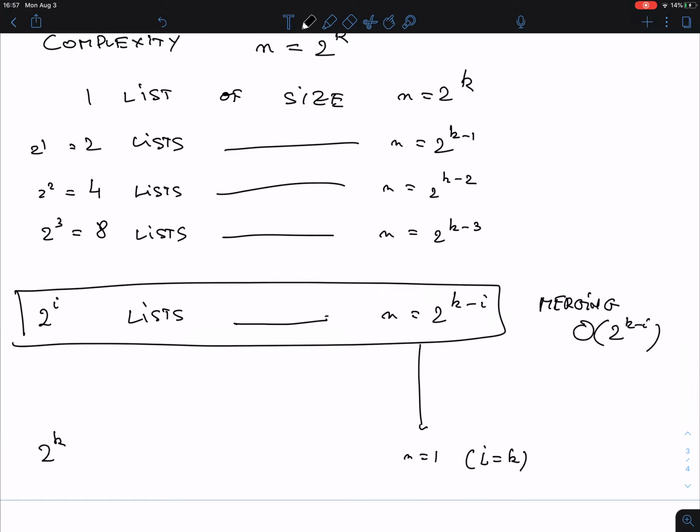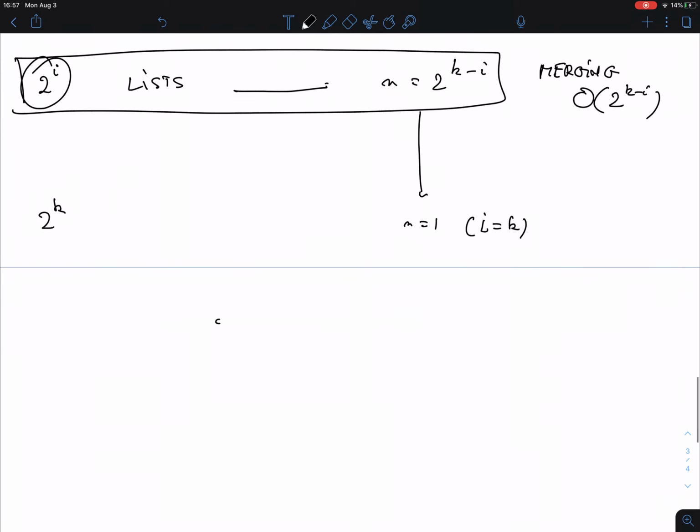When we merge a list with another list of the same size, we just run through both of these lists. So we're going to have this many steps, comparisons that we have to do. So this is the number of steps we have to do for each of these lists, and there are 2^i of them. So for the i-th step, we're going to have 2^i times this.